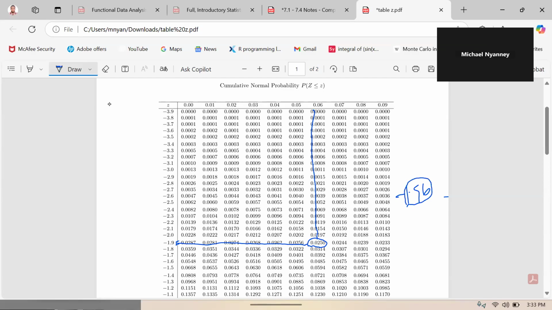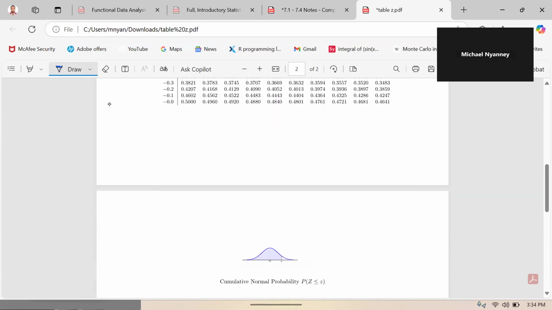But in case you don't want to get the negative, then what you do is that you do 1 minus alpha over 2 to go to the positive side. So if alpha over 2 gave you 0.025, then 1 minus that will give you 0.975. So we're going to get the same value. So 0.975 will be here.